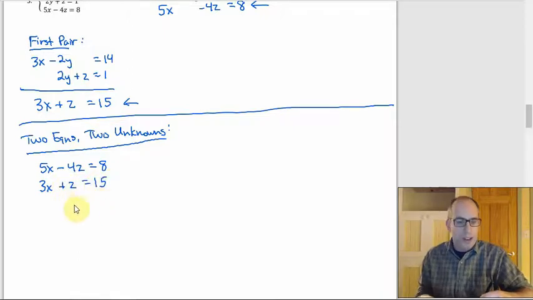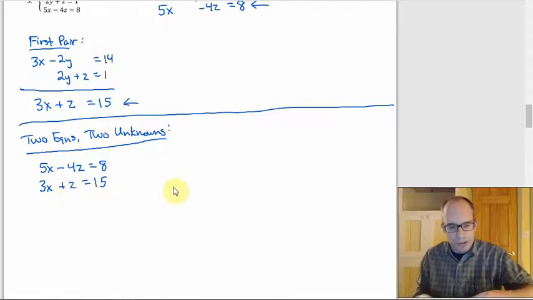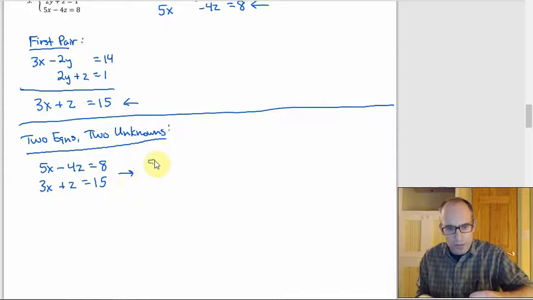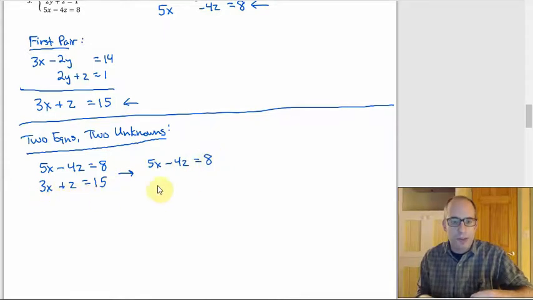Then if we're going to solve that, I think it's going to be easier to eliminate z, because then we only have to adjust the second equation. If we try to eliminate x, we got to adjust both. So we're going to have 5x minus 4z equals 8. And then I'm going to multiply both sides of the one on the bottom by 4, so I can get the 4z.